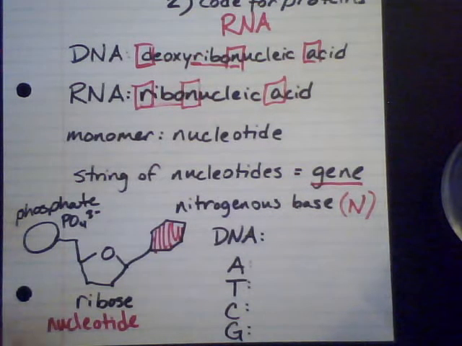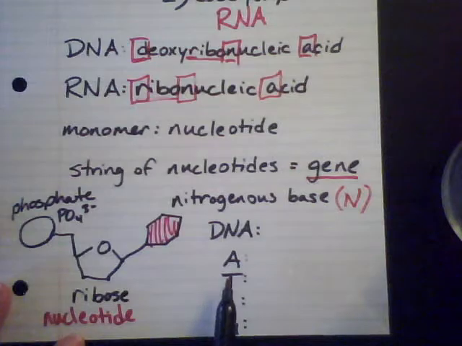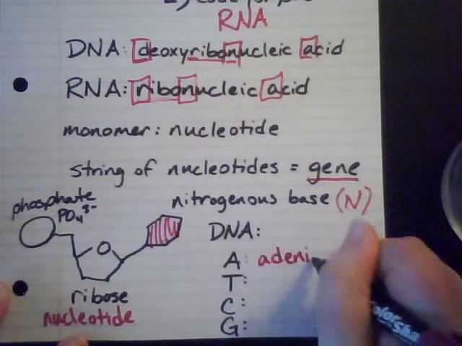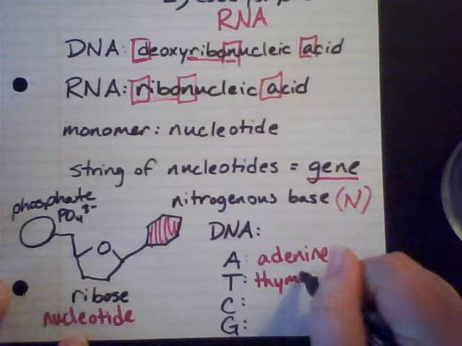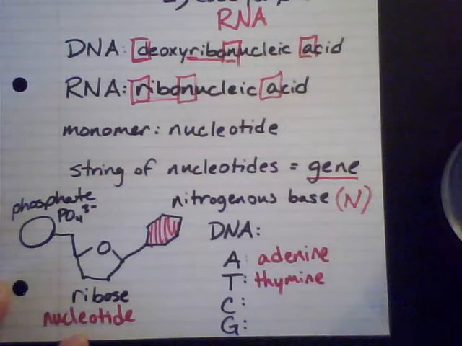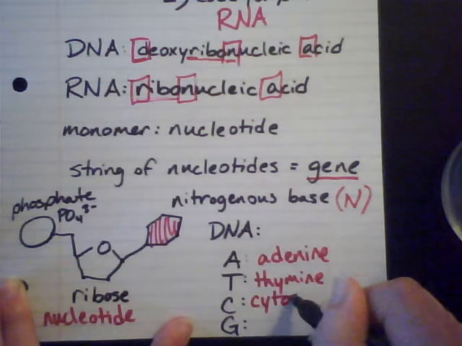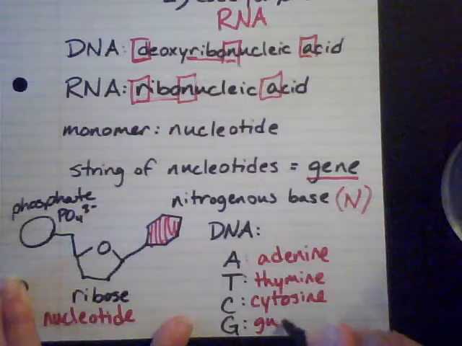So for DNA, our deoxyribonucleic acid, there's 4 different nitrogenous bases, and we usually just abbreviate them A, T, C, and G. A is adenine, T is thymine, C is cytosine, and G is guanine.